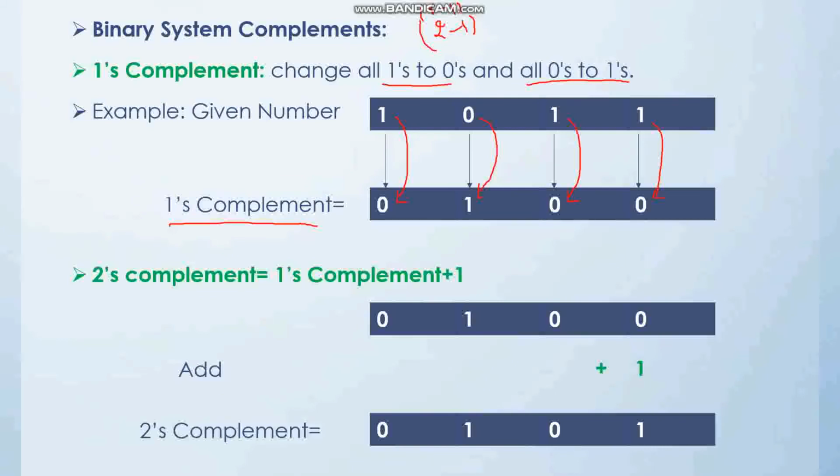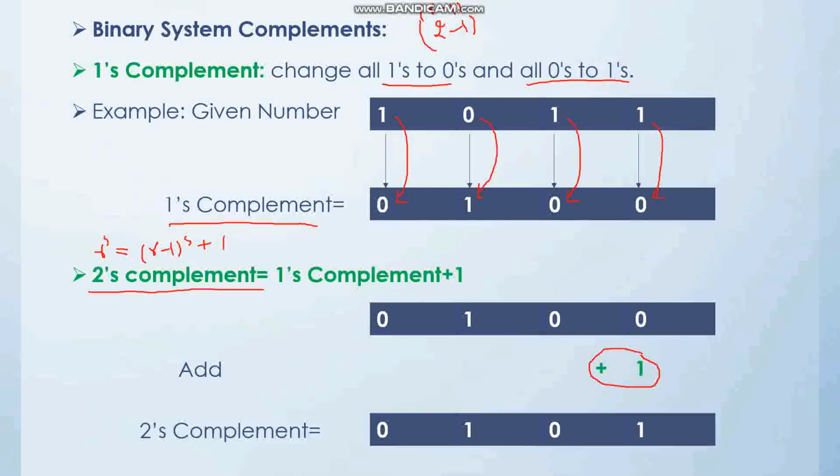Now we want to calculate the 2's complement. If I want to calculate r's complement, I need to do r minus 1's complement plus 1. So I will simply add 1 to the 1's complement.